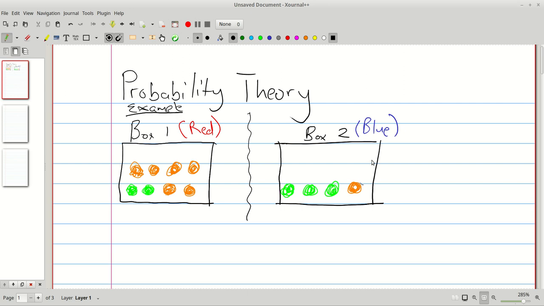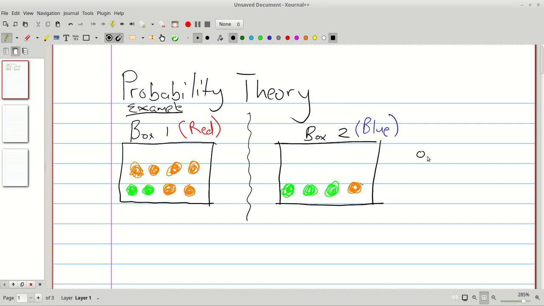But then what happens in reality might be something different. Maybe we try to do this experiment once or even 3 times, and 3 times we keep on getting an orange, right? So let's say that the first time we try to pick, we get an orange.